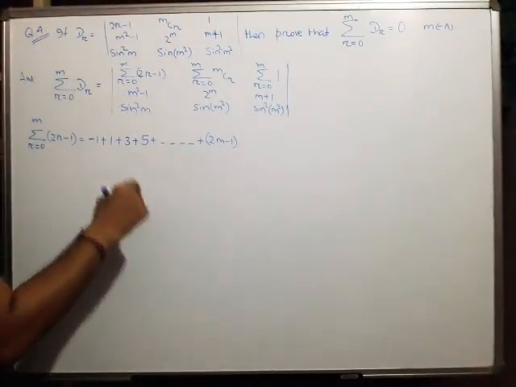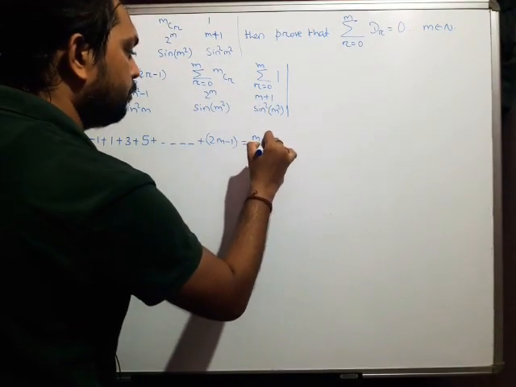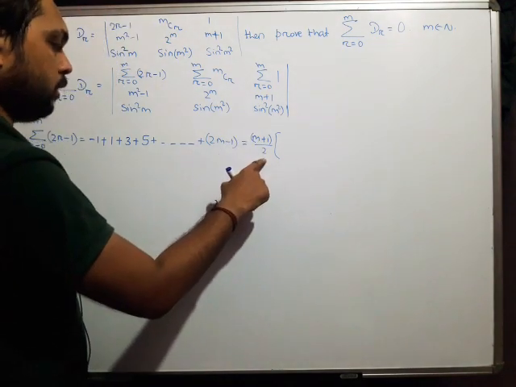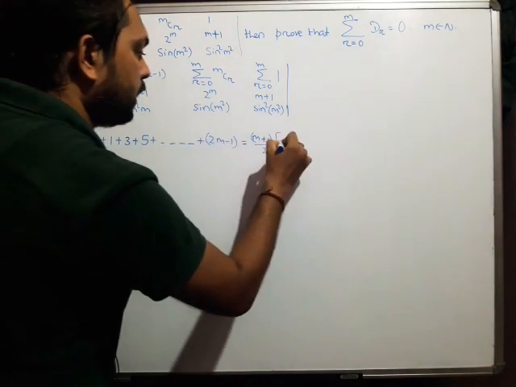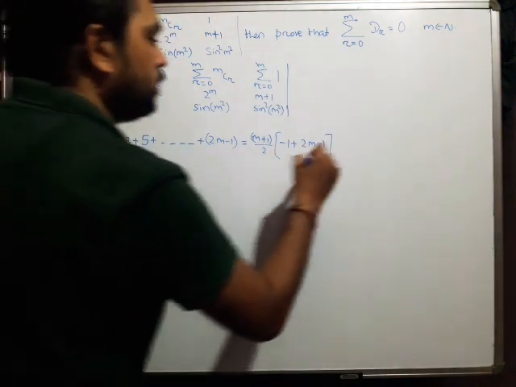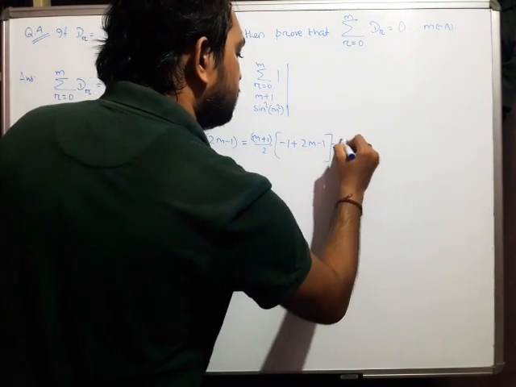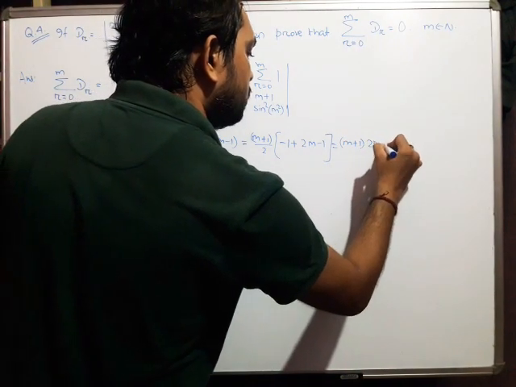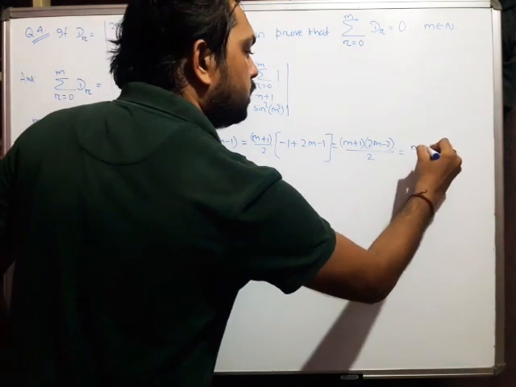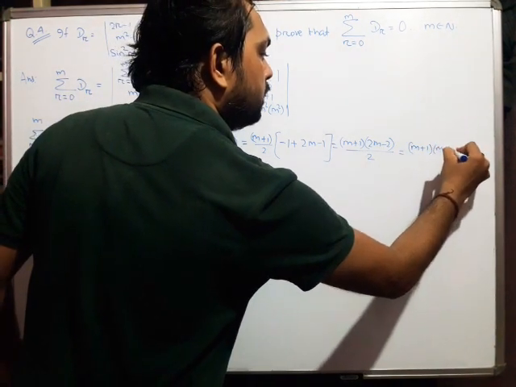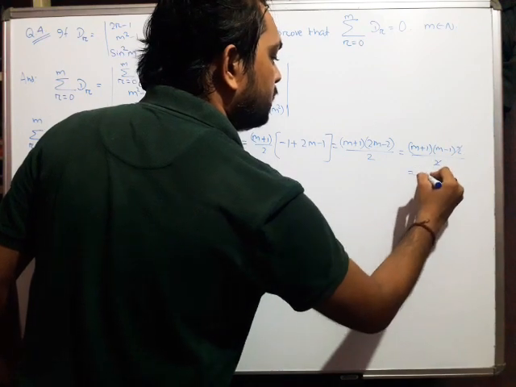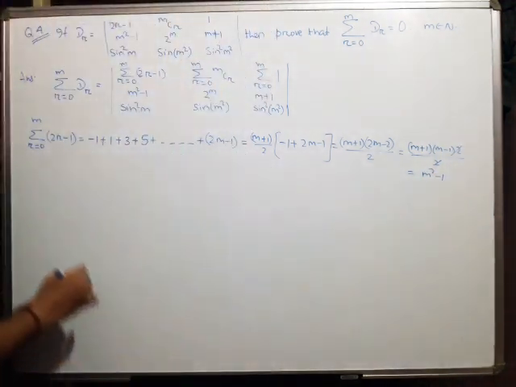See, this is an arithmetic progression having m plus 1 terms in total. So the sum will be the total number of terms upon 2, times the sum of the first term plus the last term. This will be m plus 1 upon 2, times 2m minus 2. Now m plus 1, m minus 1, the 2 will be cancelled, and this will be m square minus 1.